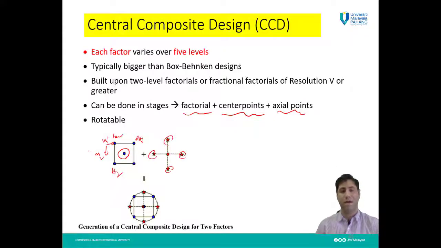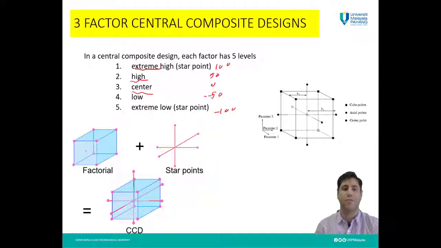One more thing about the CCD is that we call this design a rotatable design. Later we will see what I mean by rotatable design. What I told you about the combination of factorial points with star points was for two factors. Here we have it for three factors. You can see here the design space for a factorial design with three factors.